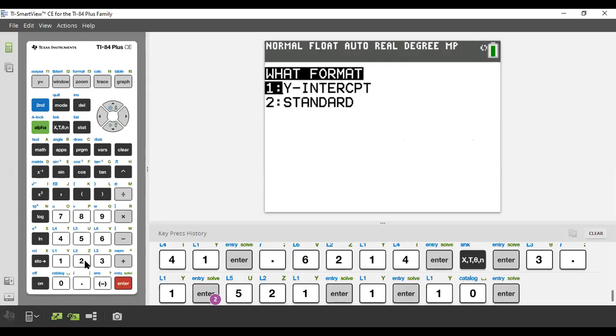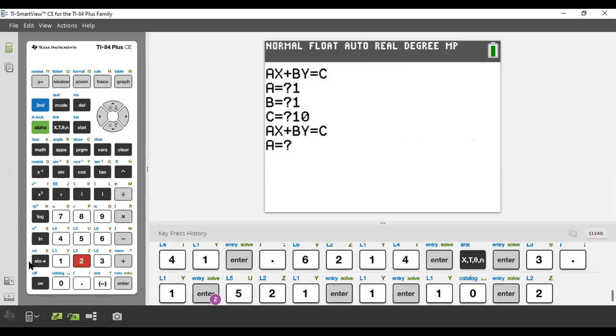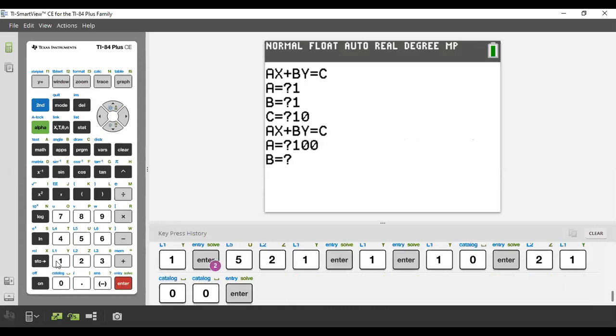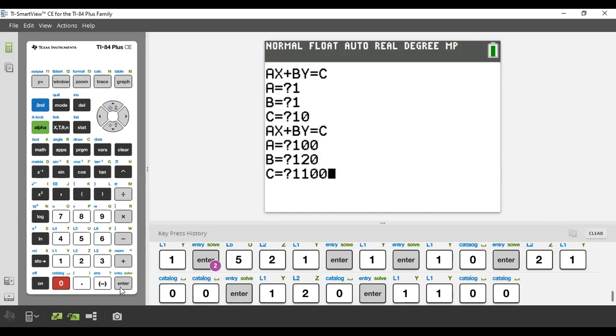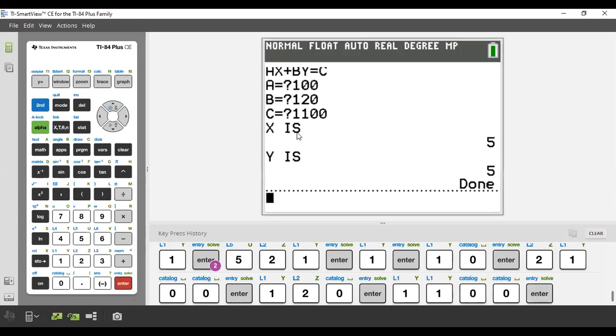And then we're going to use the standard form again, and it's going to say 100-pound packages and 120-pound packages, and it can be no more than 1,100. So we're going to put 1,100 here, press enter, and it tells us that the intersection occurs at 5,5, which means that we can have no more than 5 120-pound packages. That would be our answer.